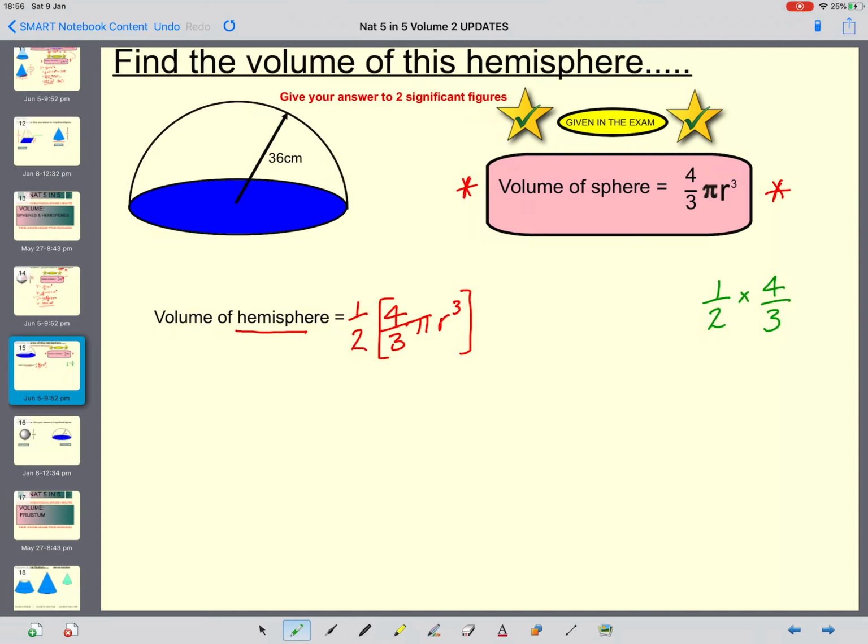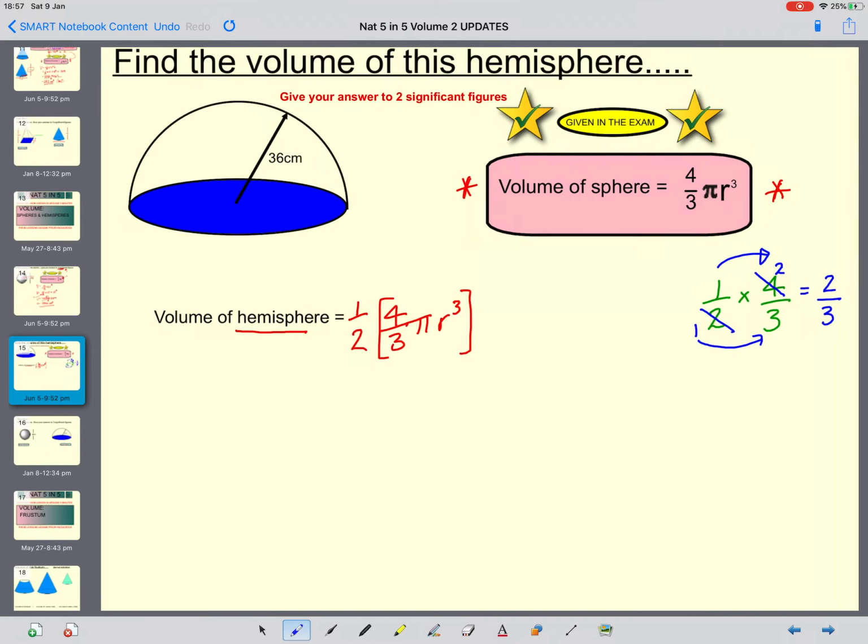You should always look diagonal to see if anything cancels. So you certainly could cancel 2 goes into 2 one time, and 2 goes into 4 2 times. Then if you were to simplify that, 1 multiplied by 2 is 2, and 1 multiplied by 3 is 3. So a half multiplied by 4/3 is in fact 2/3.